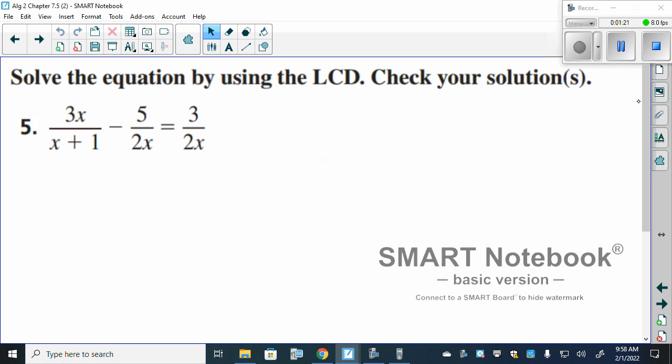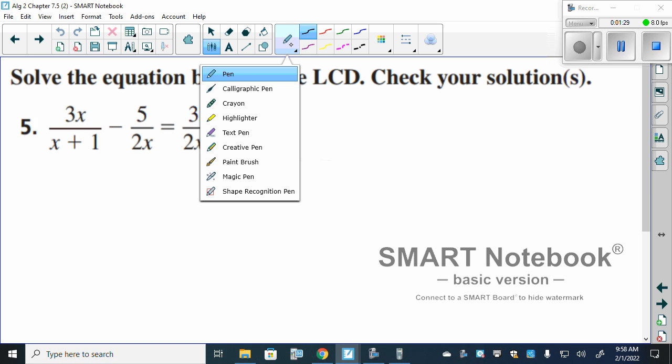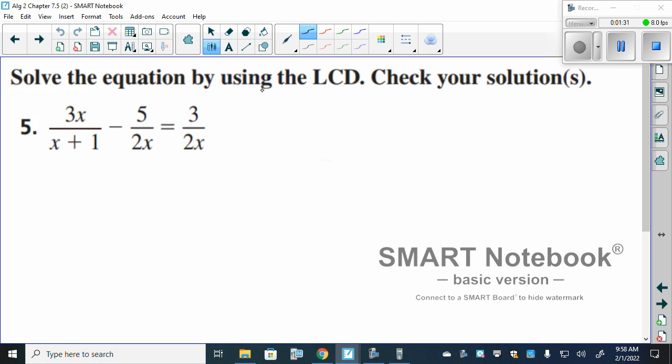So let's look at these here. Now this first one here, let's check for our restrictions first, so that way when we get to the answer, if one of the restrictions shows up, that answer doesn't work. Now looking at the 3 places here, in the denominator we have an x plus 1, we have a 2x, and we have a 2x.